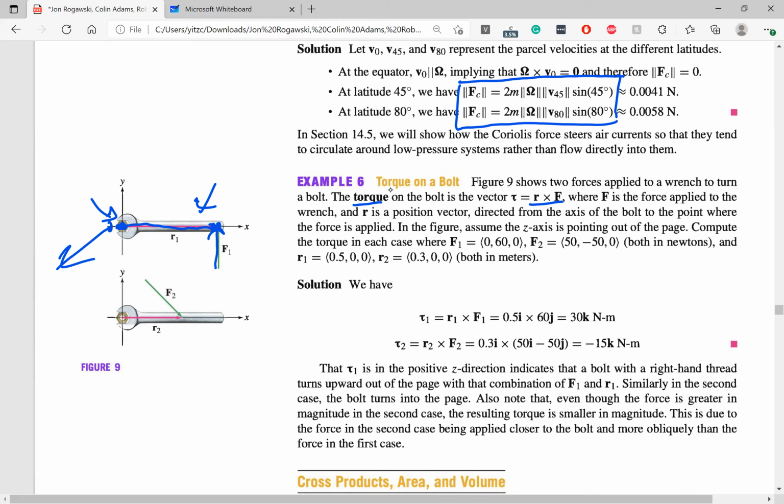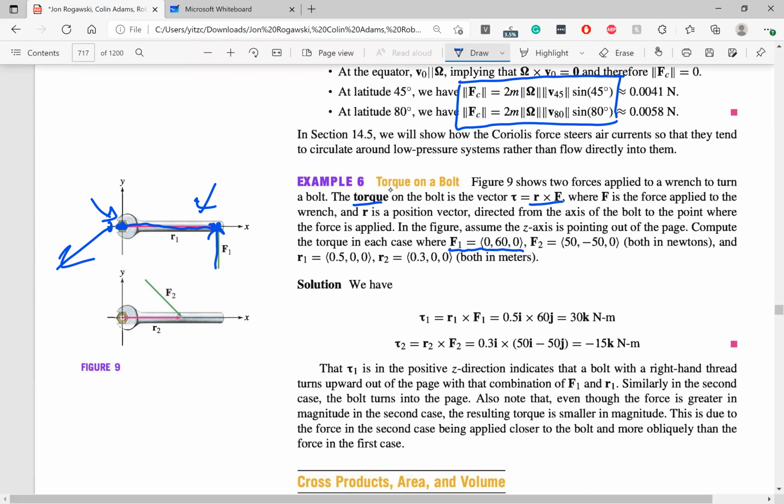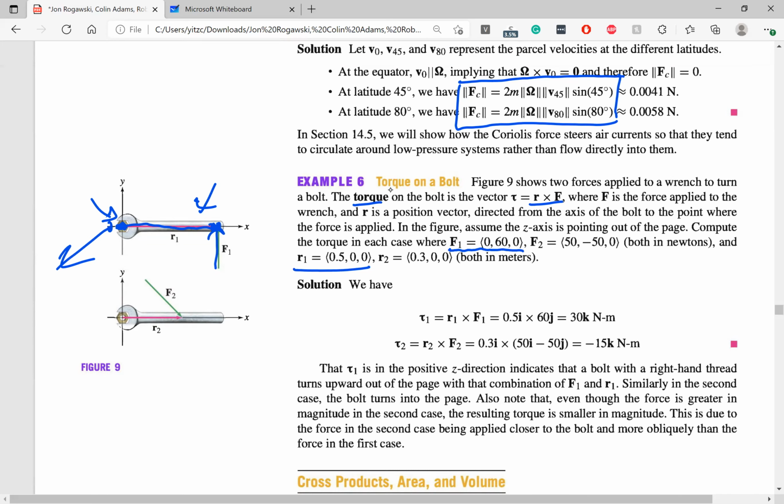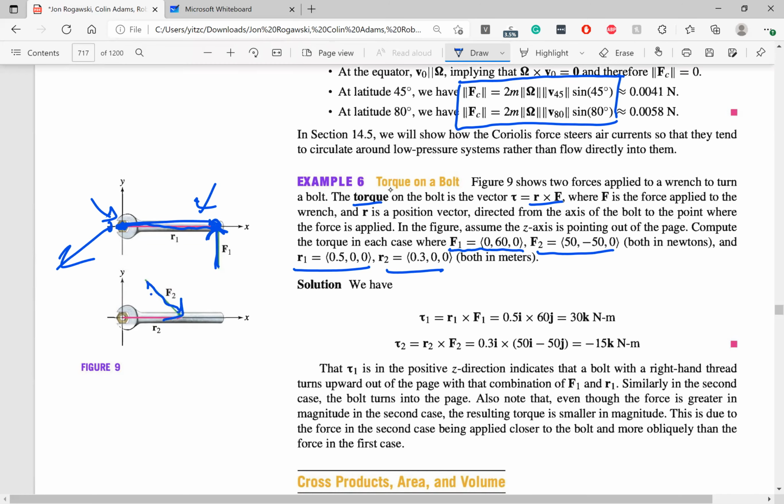But that's again because we're taking the cross product, and the cross product over here will be orthogonal to both R and to F. So they want you to compute the torque in each of these cases. If the force is this and R1 is this, or if the force is this and R2 is that. So here's one case, your force is being applied over here, this distance away. Second case, your force is being applied here, and you're that distance away.